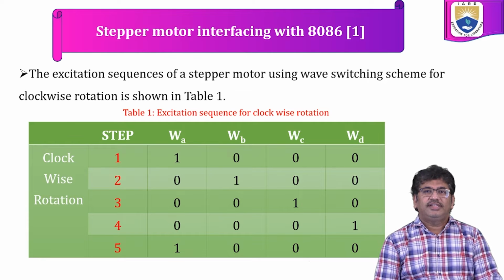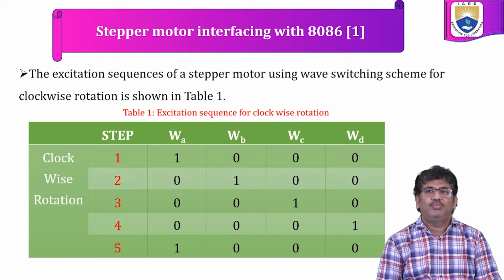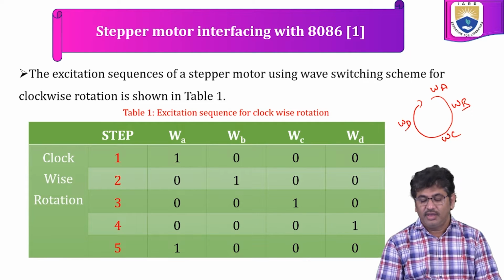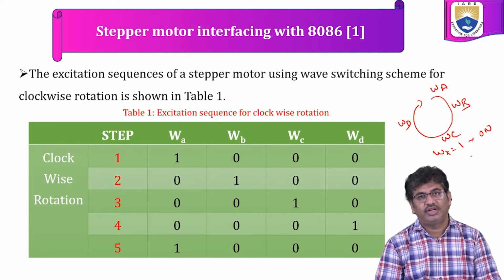Now the excitation sequence of a stepper motor using a wave switching scheme for clockwise rotation is shown in the figure. We have said already that the excitation for clockwise starts from winding A, then winding B, then winding C, then winding D. If any winding is 1, it is excited, in the on state.